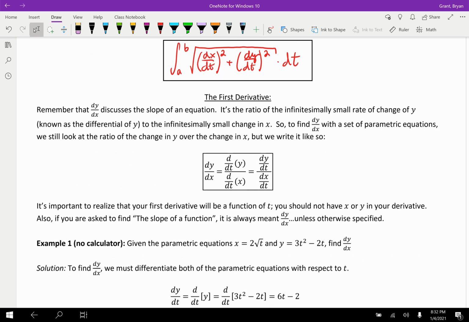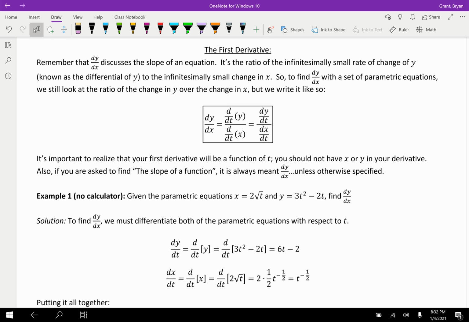So the first derivative and the second derivative especially is really where parametric curves get a little bit strange. We need to remember that dy/dx discusses the slope of an equation, and in particular the slope found between two points that are infinitely close together.